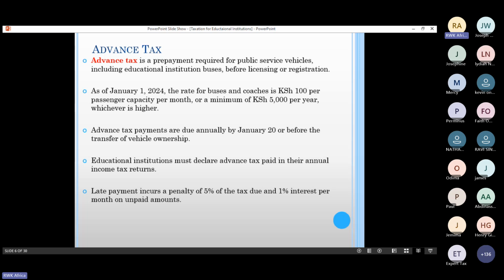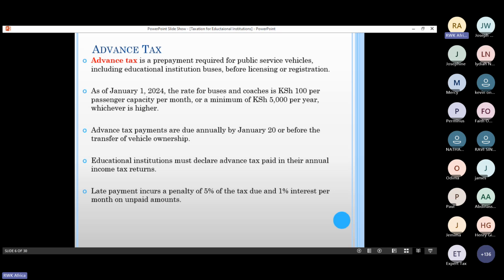So before you visit the NTSA, you should have paid the advance tax, and this is done through the KRA portal. It's a different tax from whatever you pay during inspection, because some of us confuse that. You say that you have paid the advance tax, but through the KRA portal, there is no record of your payment. Any amount that you have paid during inspection or registration and licensing is different from advance tax. Advance tax is done through the KRA portal and it's self-assessment.